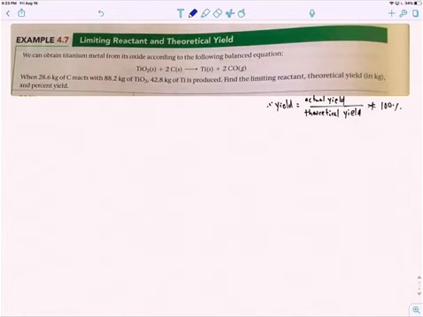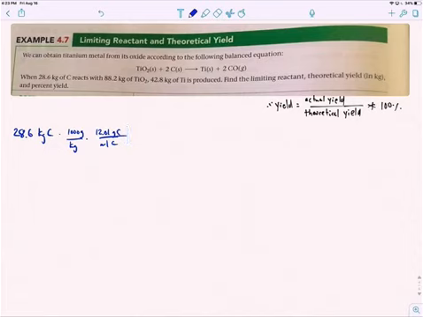Okay, so this is the limiting reagent problem. Let's go ahead and do this. So we have 28.6 kilograms carbon, times 1,000 grams per kilogram, times 12.01 grams carbon per mole carbon.